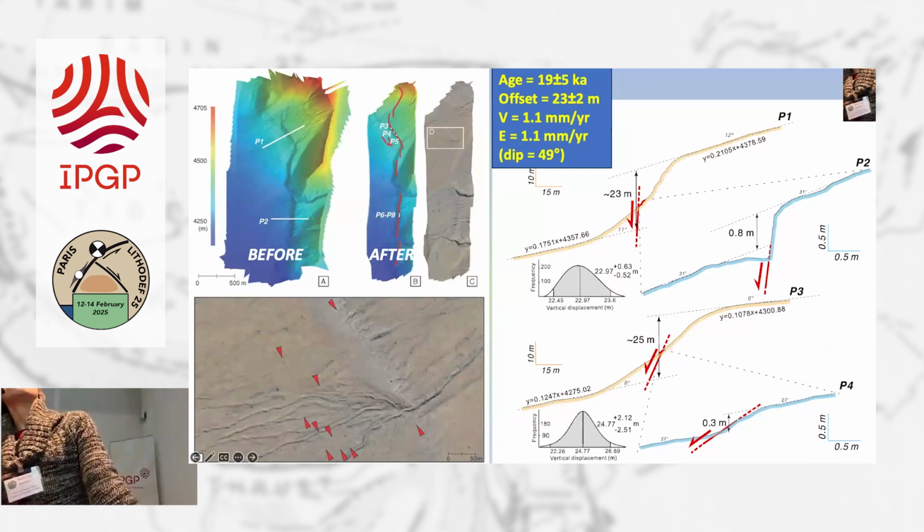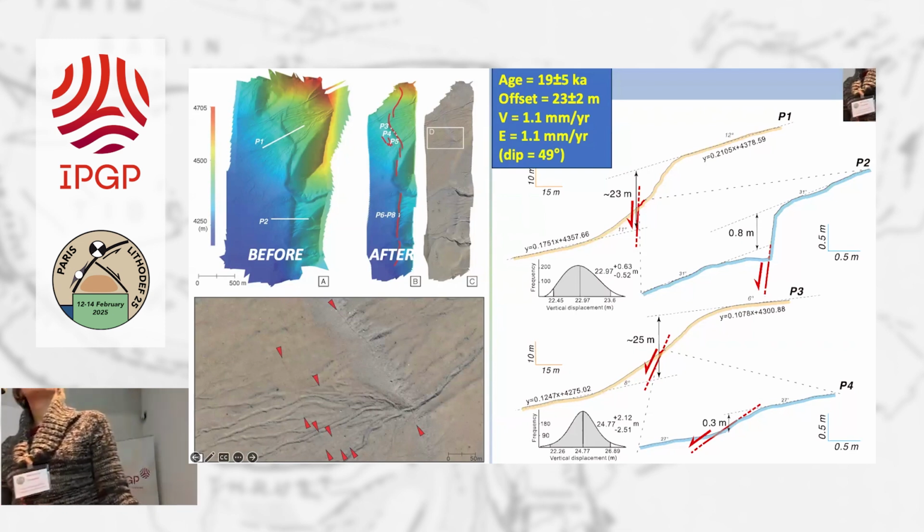So we had a DEM before the earthquake, and of course a DEM after the earthquake. And you can see, we did other profiles on the DEM after to see both the co-seismic offset and the cumulative offset. And you can see the 23, 25 meter offsets, and then the 0.8 or 0.3 meter offset.